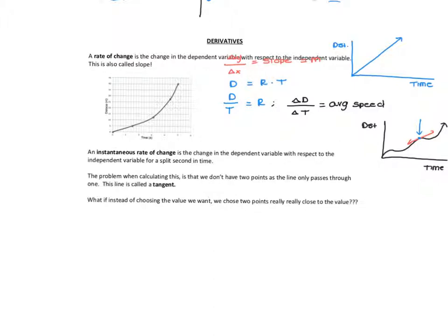Right at that point, I want to know the instantaneous rate of change. Well, I need 2 points, typically, to find the slope of the line, right? Well, I only have one. When I draw a line, it only crosses at that point once. Does this all make sense so far? A derivative is the slope of a curve at a tangent line to the curve.